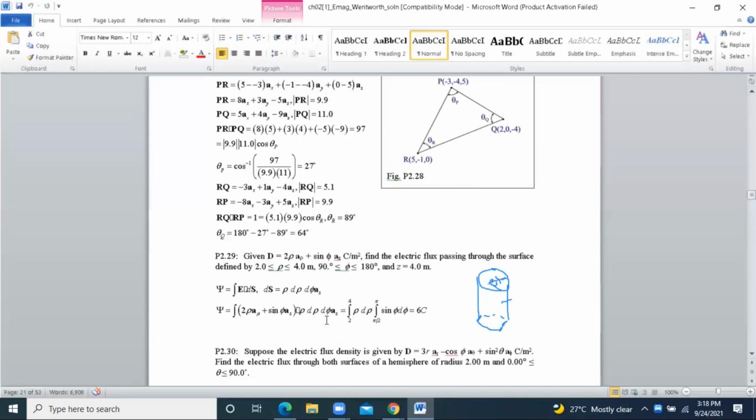So the 2 to 4 would be rho d rho. Get it now?